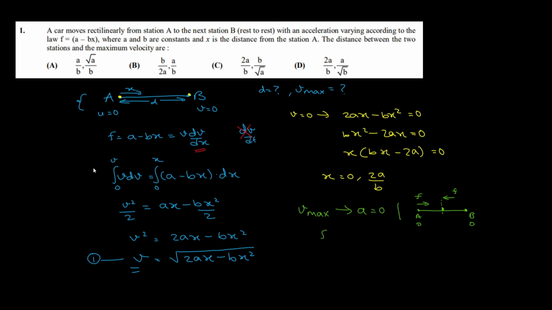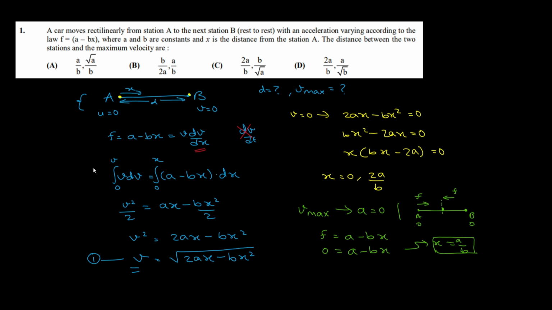So that's why we say acceleration is 0. We have this equation, acceleration is equal to a minus bx. So acceleration is 0, which is a minus bx is equal to 0. From here we can say that x is equal to a by b. So at a distance of x equal to a by b, our acceleration is 0. Now let's see this via diagram.